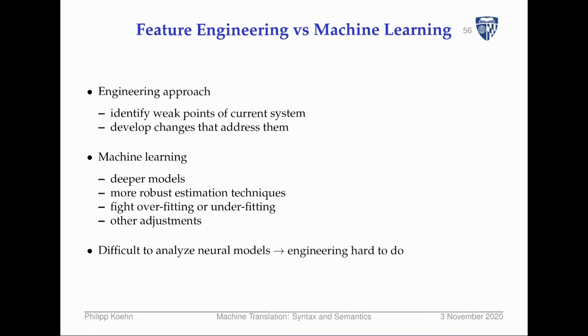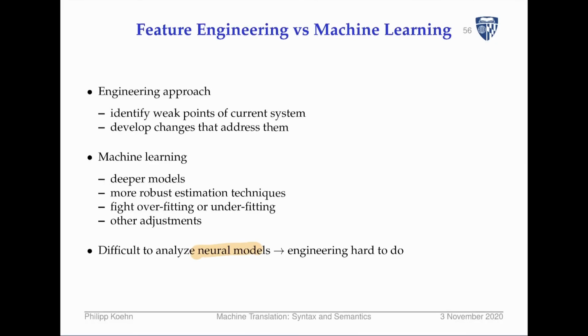We are definitely in a situation where, with neural models, this engineering approach is much harder to do, because it's much harder to figure out what is actually happening inside neural models. So there's not a tweak that can easily be applied. There's not a way we can look at the model and say, that number there shouldn't be 0.1, it should be 0.3, that'll fix it. We can't really do that. Because of that, most of the research currently takes place in this space here.